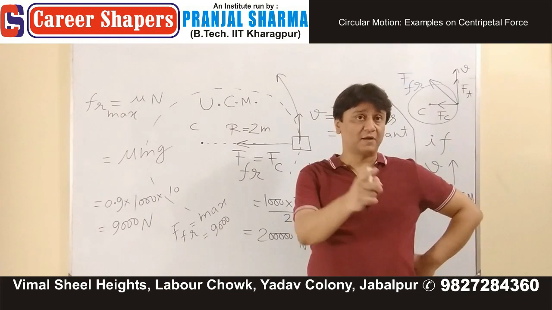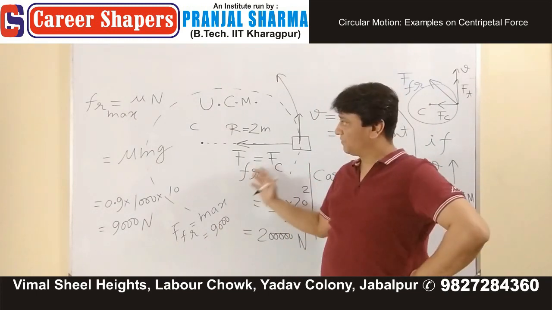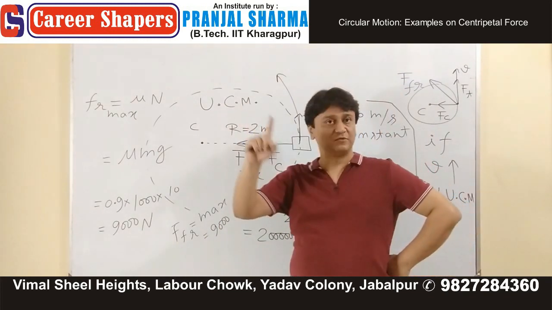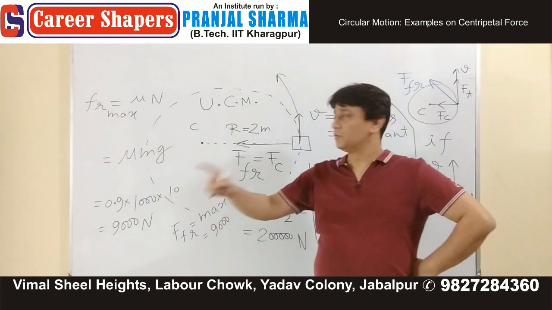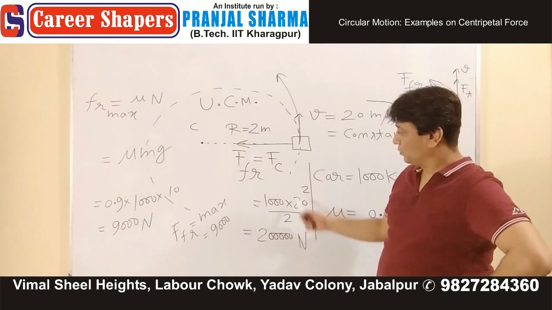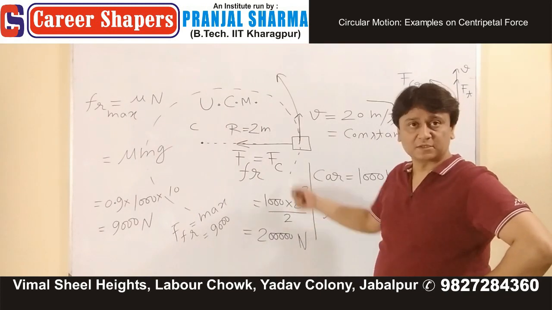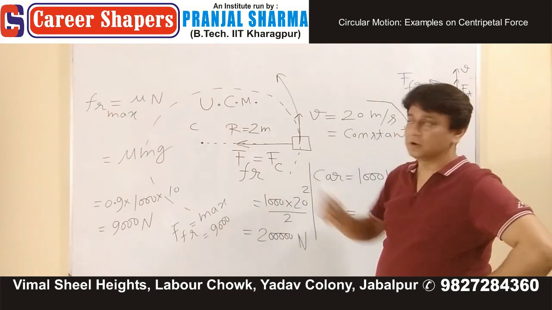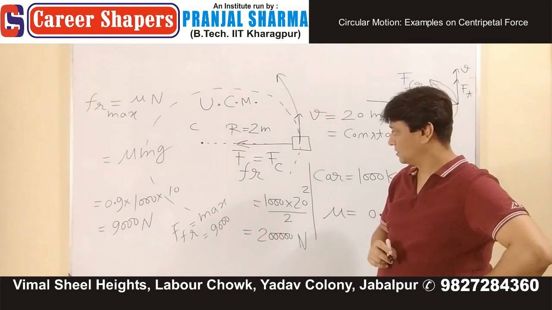But don't forget that if they have given us mu s as well as mu k, then you will find FR kinetic also. If you find that skidding takes place, then you will go for FR kinetic.